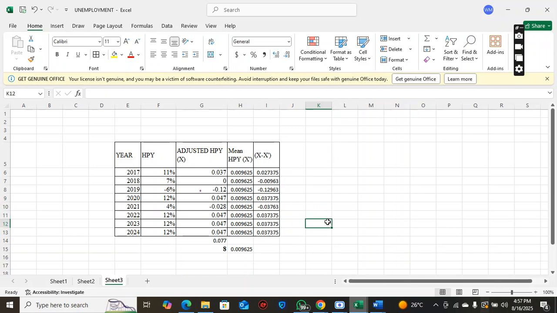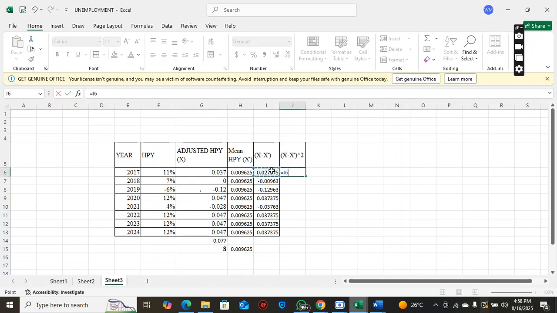We square the deviations. Each of these values we're squaring them.